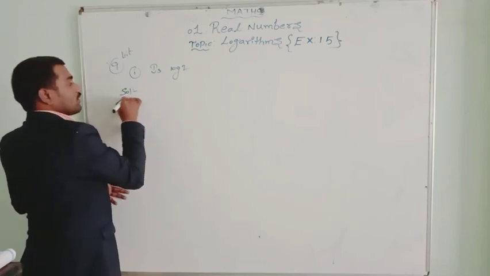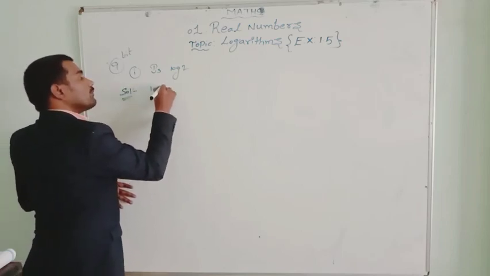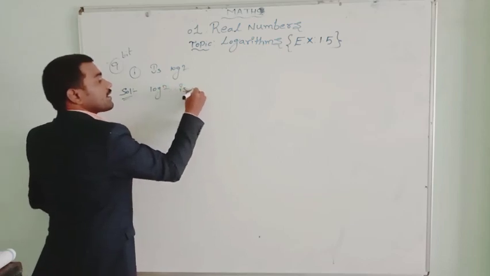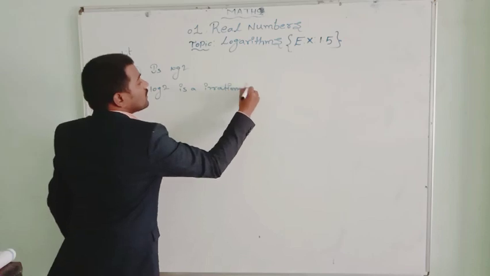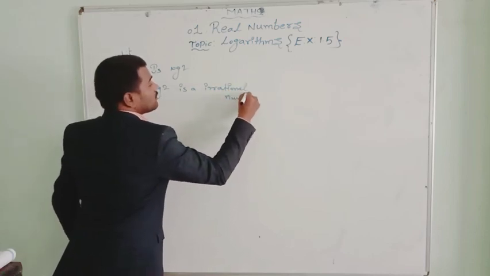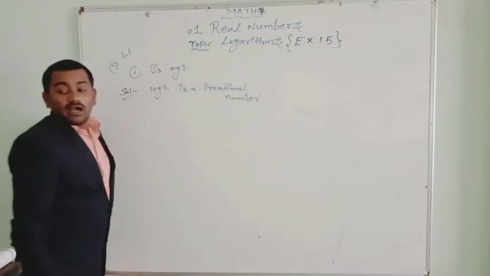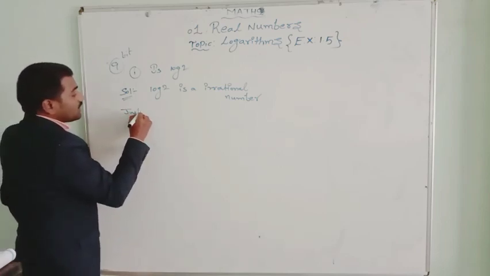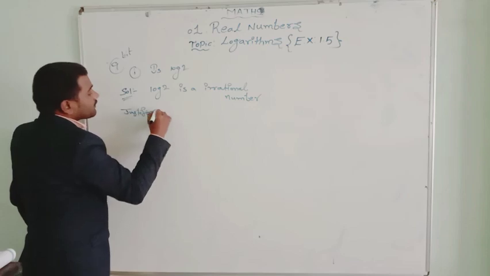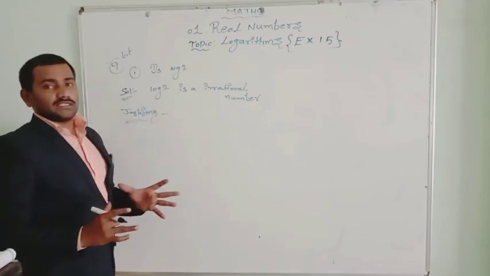Solution. Log 2 is an irrational number. How can I tell it is an irrational number? Let's justify my answer. Justify your answer.